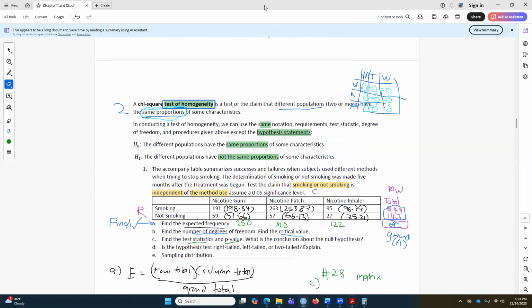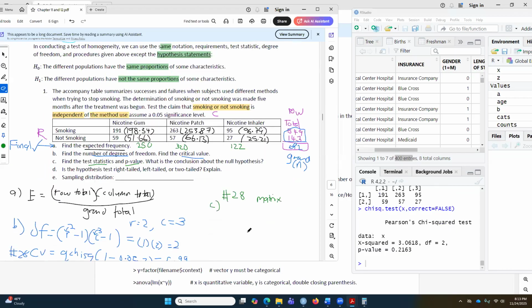So for this question, your test statistic will be 3.06, and your p-value is 0.216.